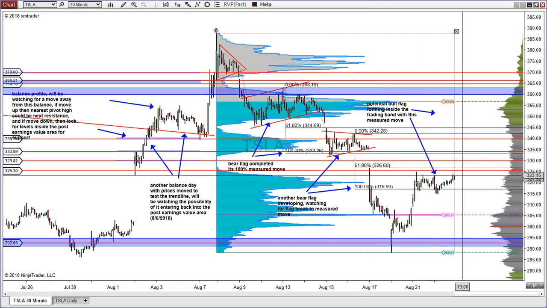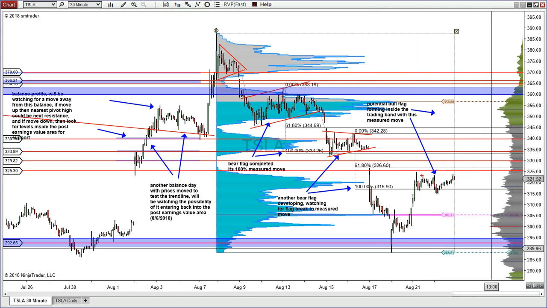So what I'm looking for is the possibility that when it breaks out of this band, this flag, it's going to fill in this low volume area, and then come up to this high volume zone here. Okay, so that's basically what I'm looking at.